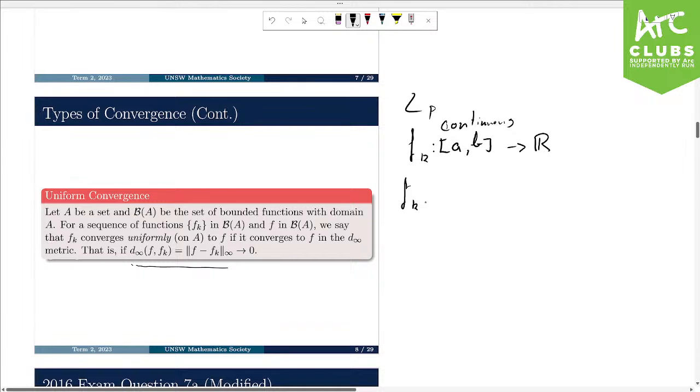Then this converges in LP to some function f if the integral of this goes to 0.